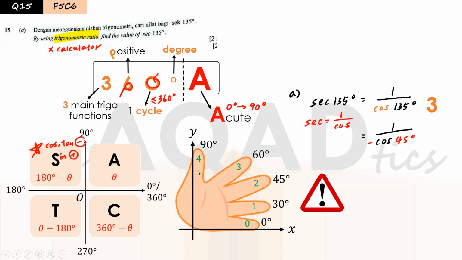So here would be 0, right? The thumb here is 0, followed by 1, 2, 3, 4. Right, so what do these two types of numbers mean? Okay, so for the green numbers here, which start from the x-axis, it's for the sine function. For the values which start from the y-axis, it's actually for the cos function.